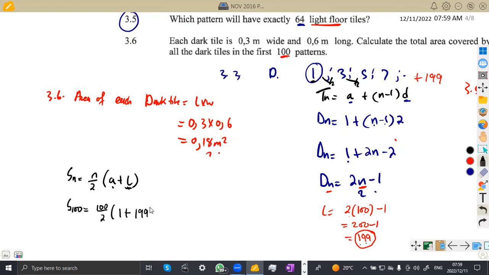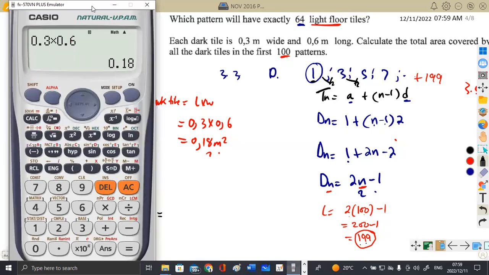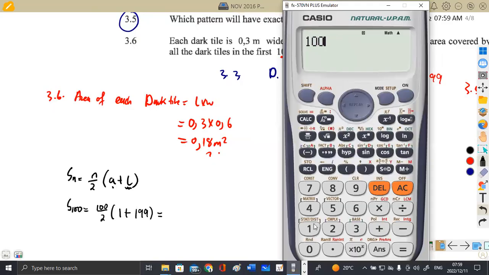So what is going to be the sum? 100 over 2. There are so many ways that you can use, but using formulas, guys, is one of the easiest because you get the answers directly. So we are going to obtain 10,000.